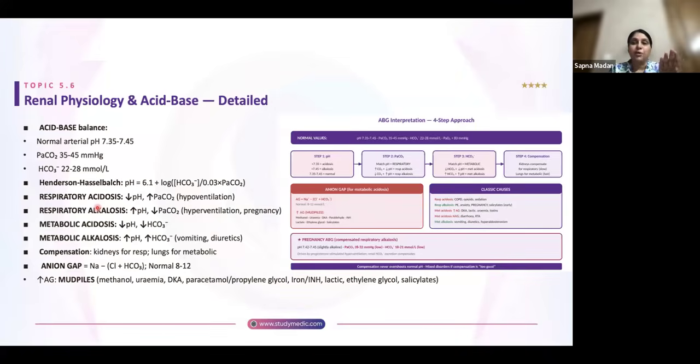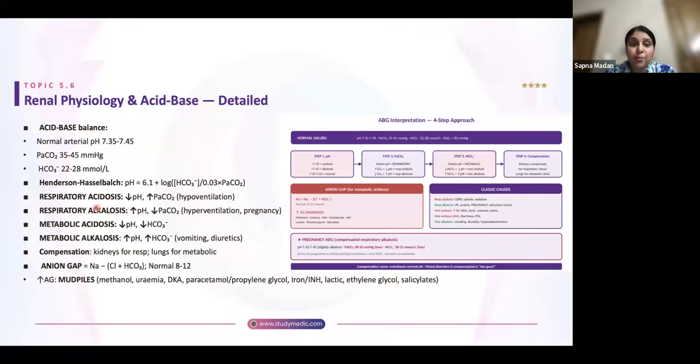On the other hand, in respiratory alkalosis, the pH is going up and CO2 is going down. So if your question mentions that the pH is high and the CO2 is low, in opposite directions, then they're talking about respiratory alkalosis. CO2 increase is acidosis and reduction is alkalosis.